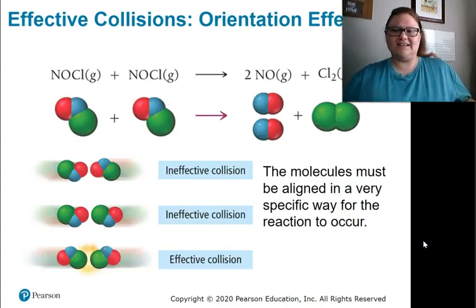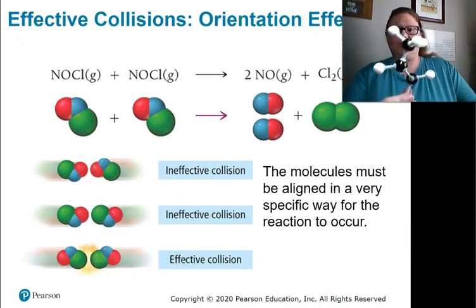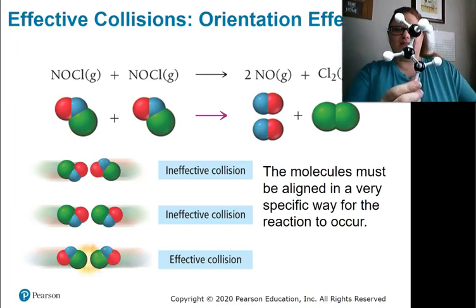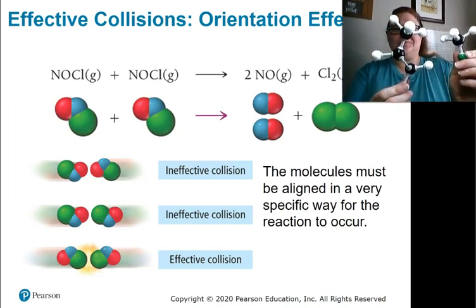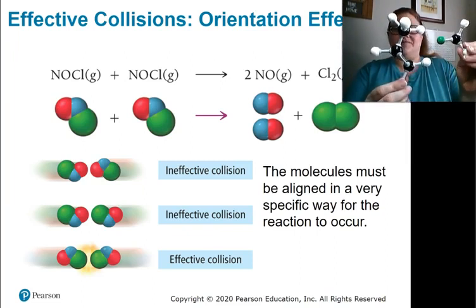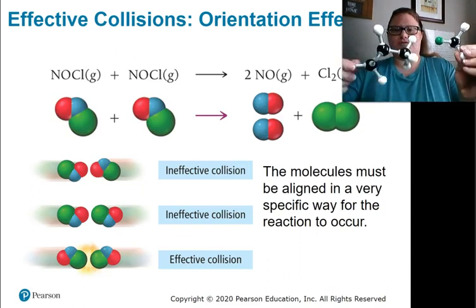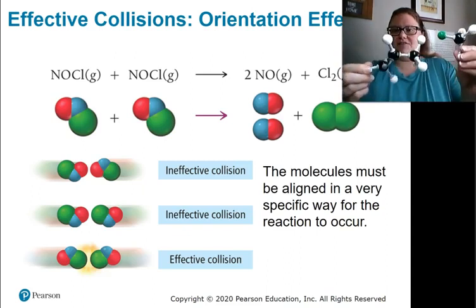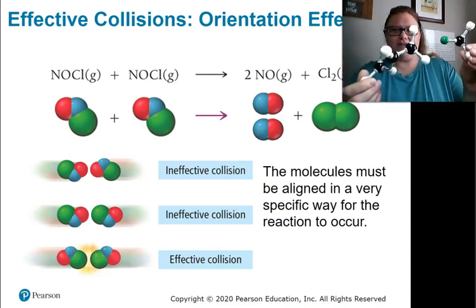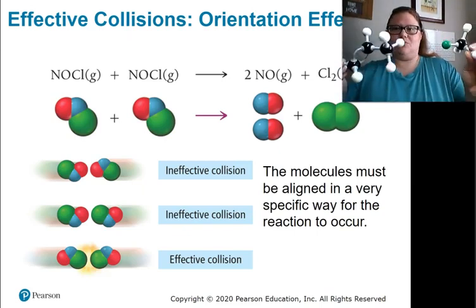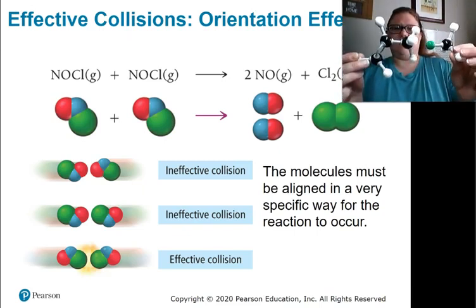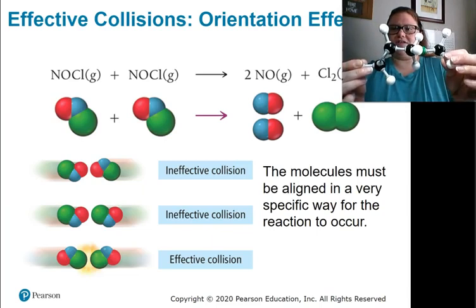Okay, we have the orientation effect as the other considered factor. And so what that is, let's say we have a molecule like this one, and in order for it to react with this molecule, it has to hit in a certain way. So let's say that if these are three-dimensional in space, and so they can move freely, and let's just say these two molecules come into contact, and they come into contact in this formation.